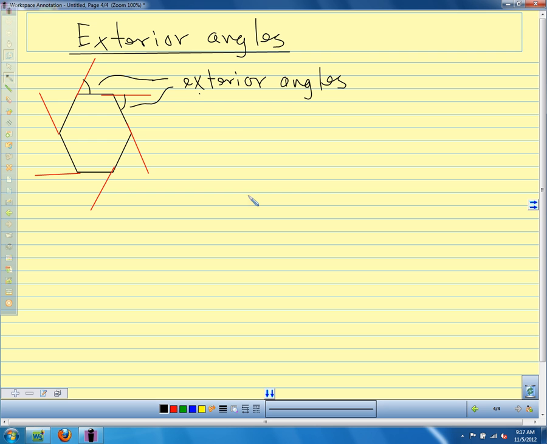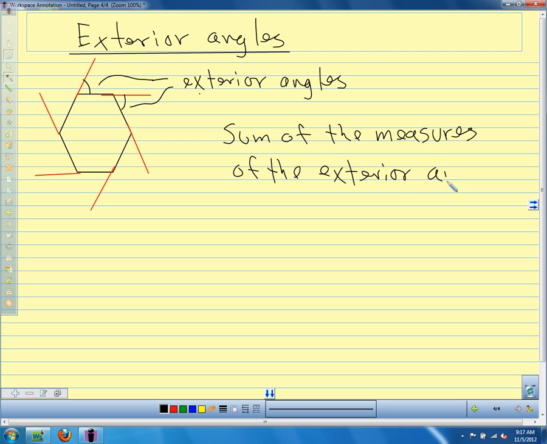So our theorem is that the sum of the measures of the exterior angles of any polygon is 360 degrees.